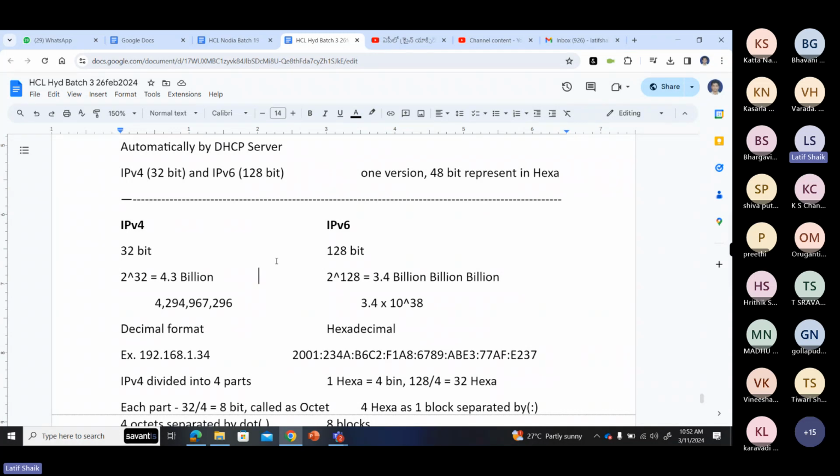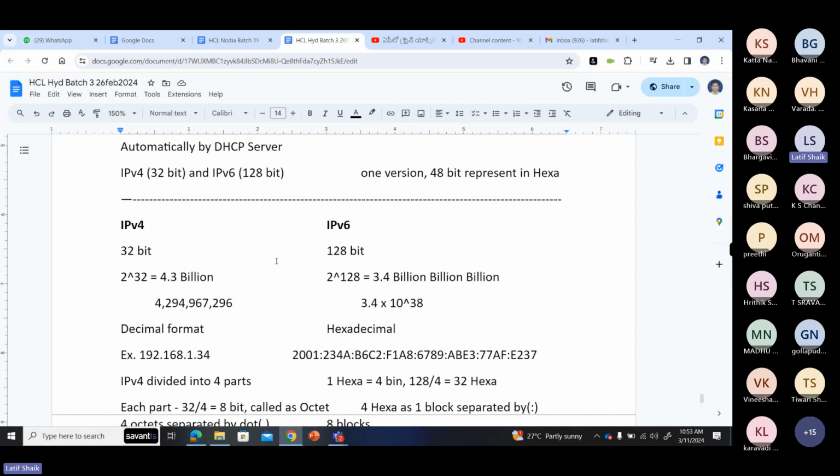As per the standard from IANA and ICANN, there are only two IP versions: IPv4 and IPv6. IPv4 is 32-bit, IPv6 is 128-bit. With IPv4 we get almost 4.3 billion IP addresses.